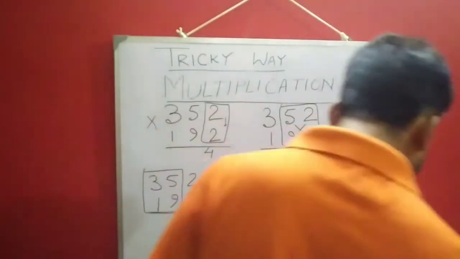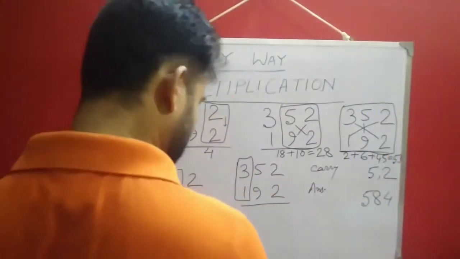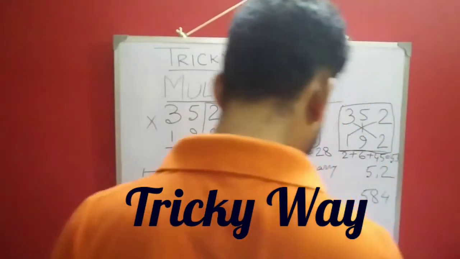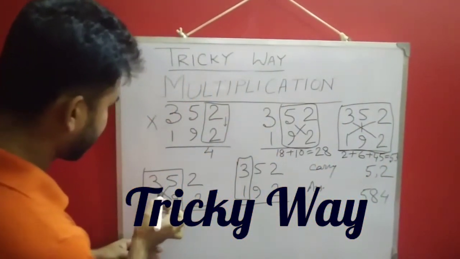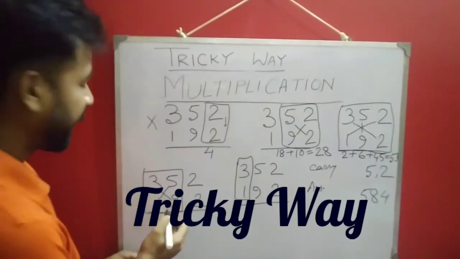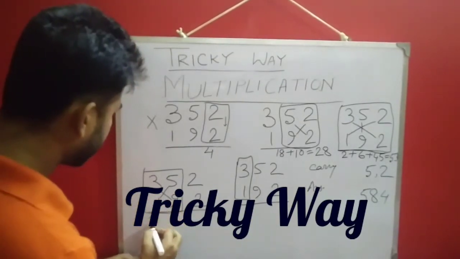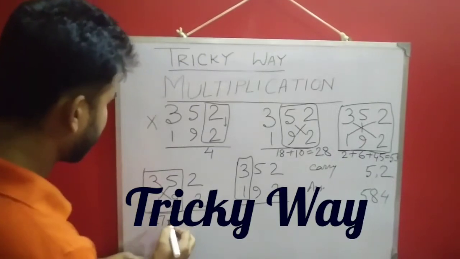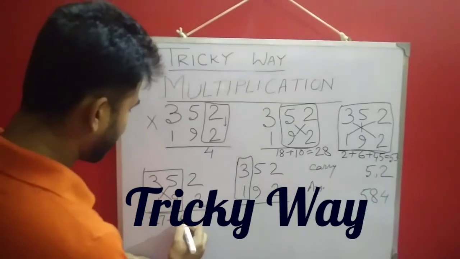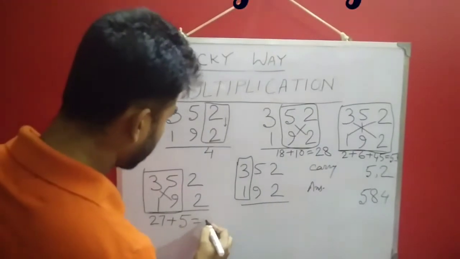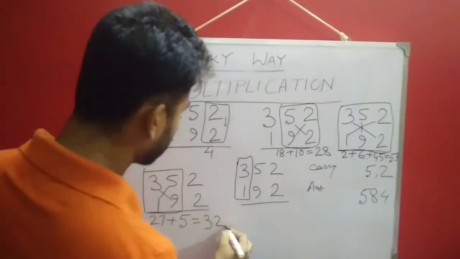Now cross multiplication again. 9 into 3 equal to 27. 27 plus 5 into 1 equal to 5, equal to 32.